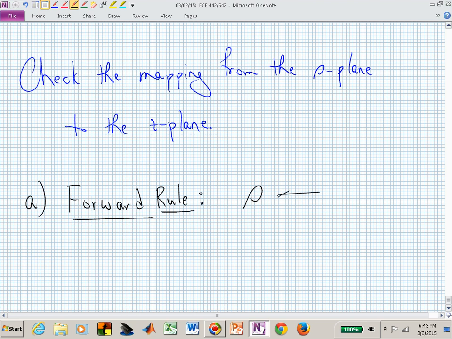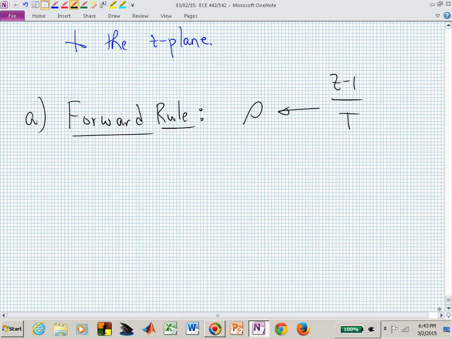In that rule, we were replacing S with Z minus 1 over T, but now we want to know, what does Z look like for all these different values of S? We can solve for Z if we just set the two sides equal to each other, and we now have 1 plus ST.